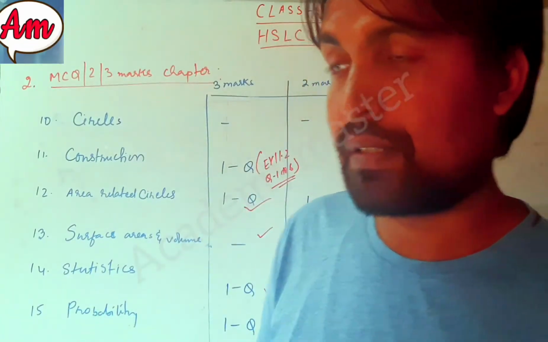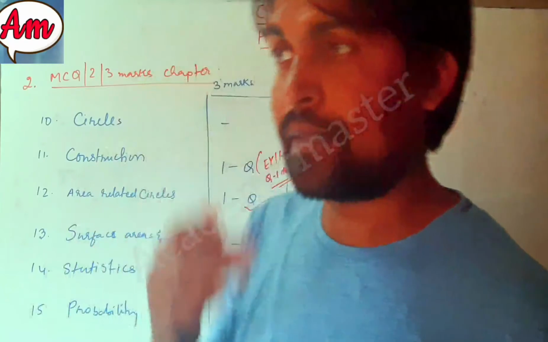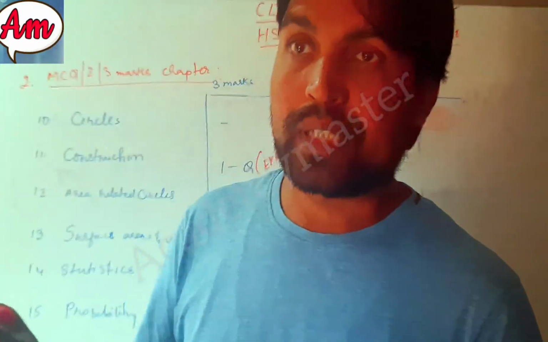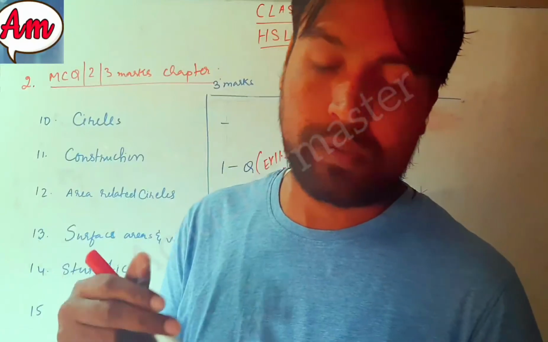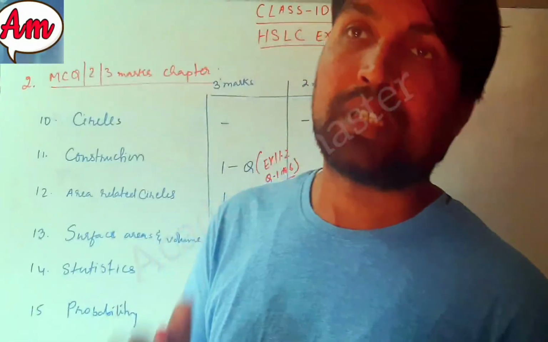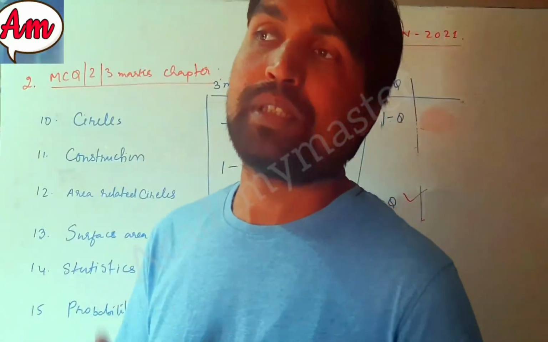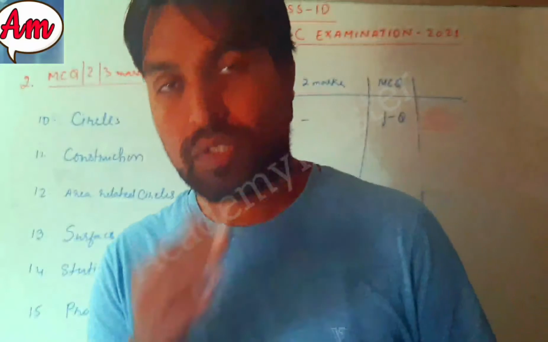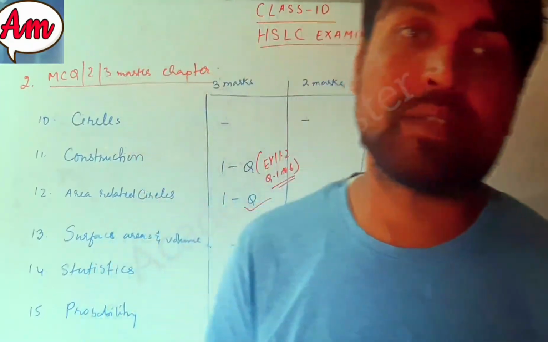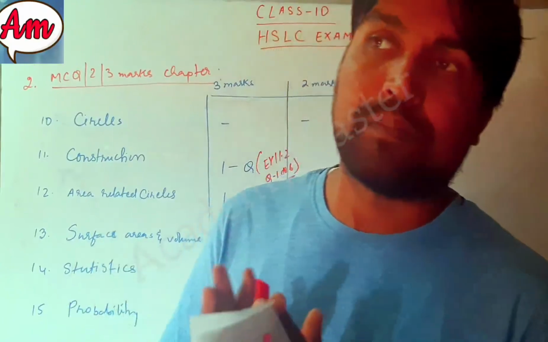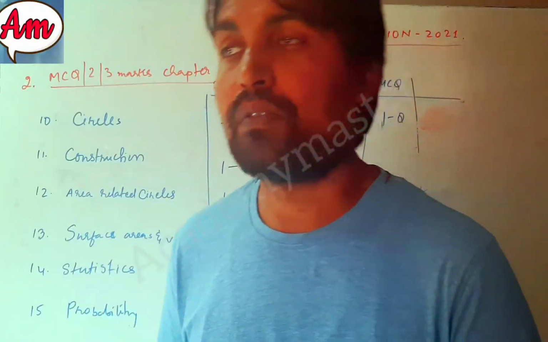If you finish the 3 mark and 5 mark sections, that means you are finishing 60 marks. So mark the chapters, practice properly, and make sure you are giving sufficient time to mathematics. Right now also you have lots of time, dear students. If you start practicing from now, it is easy to get 100 in mathematics. So all of you start putting in your efforts sincerely from now onwards.